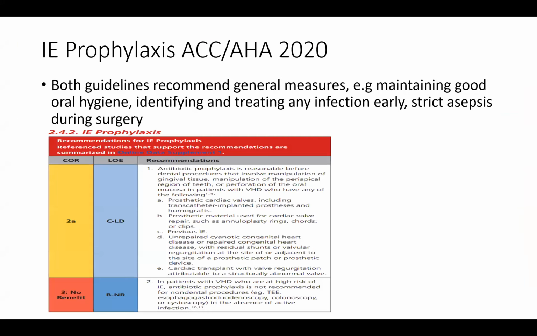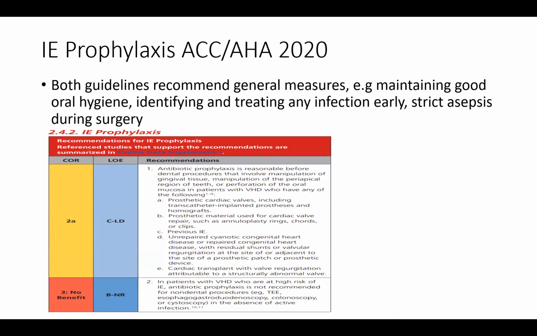If I might just add a word on that. In the past, IE prophylaxis used to be more liberal. There were more people that were considered eligible, and there were more procedures that were considered eligible. Over time, it was found out that even activities of daily living, like chewing or brushing one's teeth or flossing, can lead to bacteremia. So if these day-to-day activities lead to bacteremia, that may not be much different from urethral catheterization or cystoscopy, then it was decided that there was really not much need to give prophylaxis.